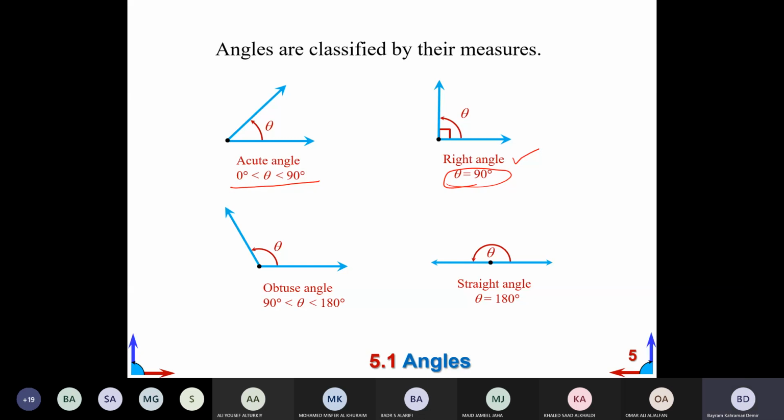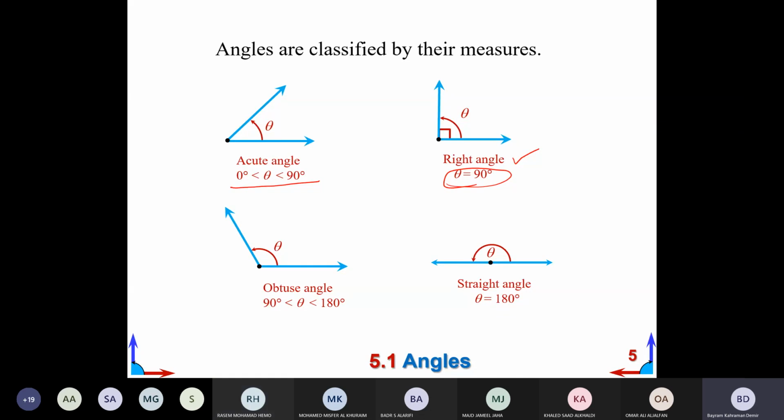Now, who's going to tell me what is the acute angle in Arabic? زاوية حادة. Zawiya hadda. How about right angle, Shabab? زاوية قائمة. Zawiya qaima.